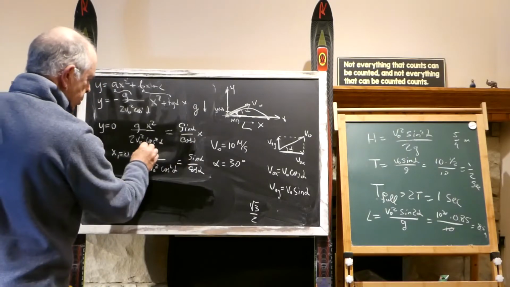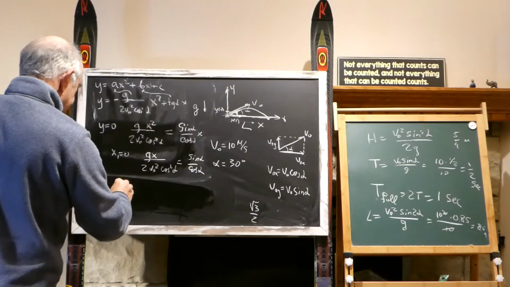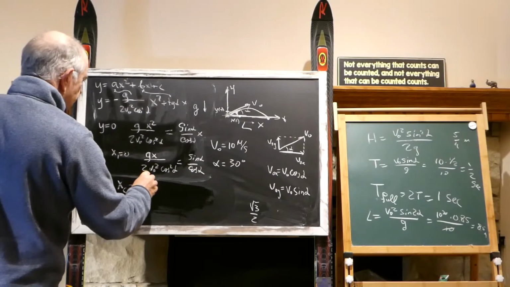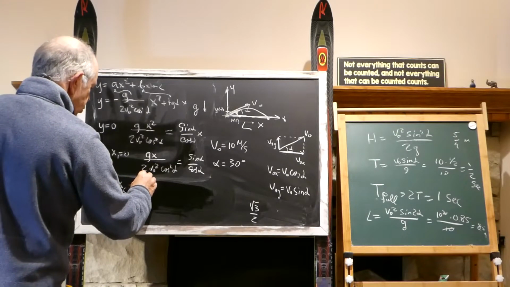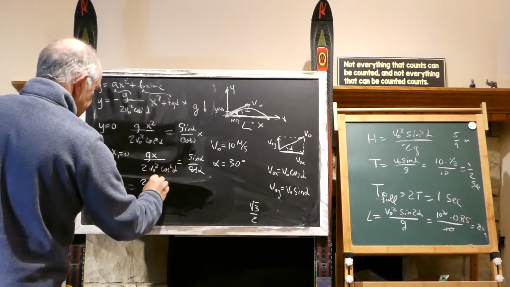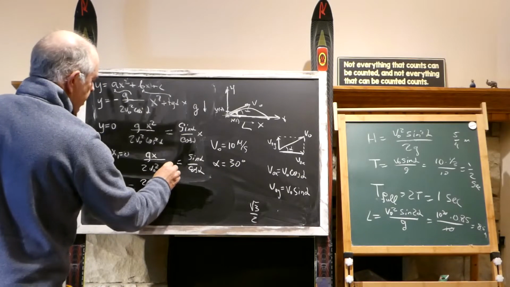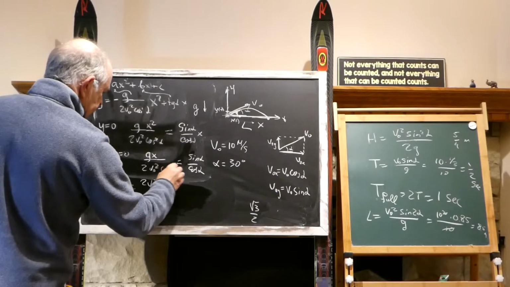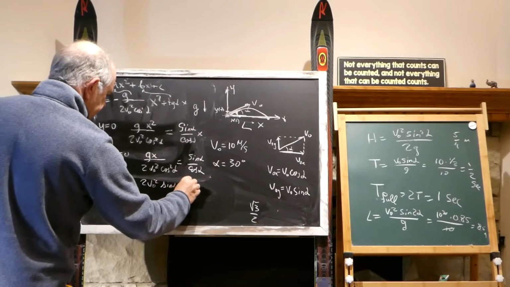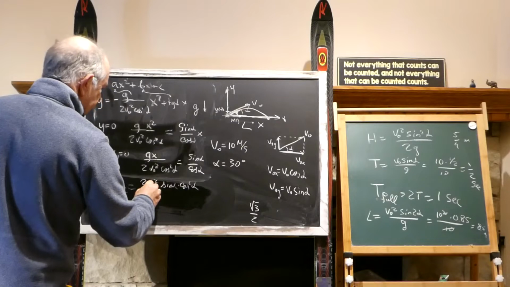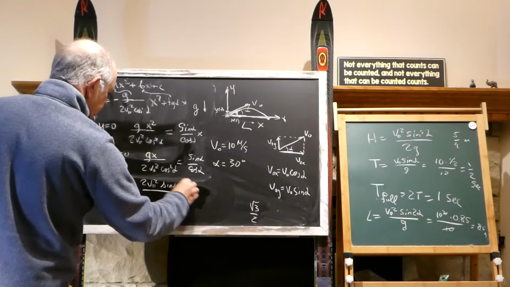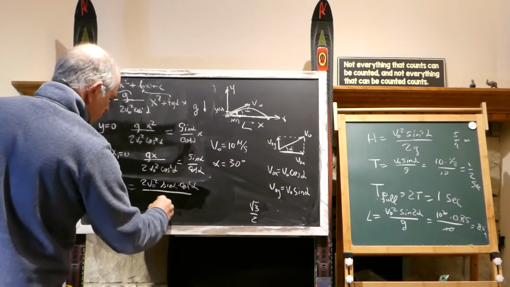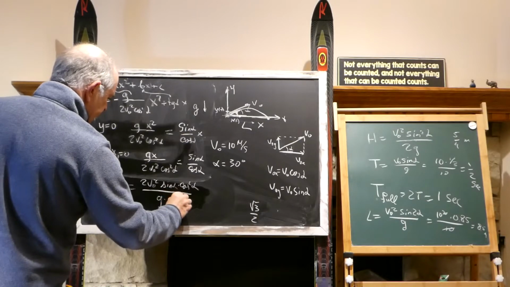I send this to here and this to here, and I receive x2 equal 2 v0 squared sine alpha cosine squared alpha, and in the bottom it would be g goes here, and there was already cosine.